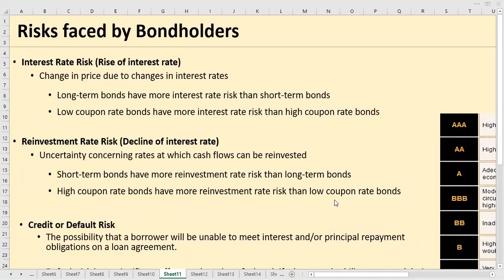But after 2 years you will have to invest that money again in a separate bond or something else. After 2 years, you just don't know what the interest rate will be at that time, right?